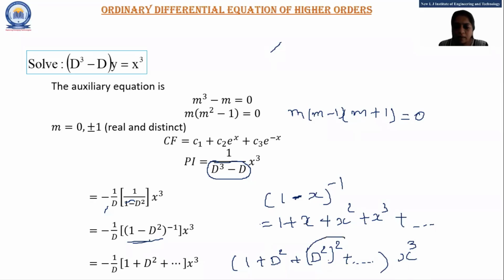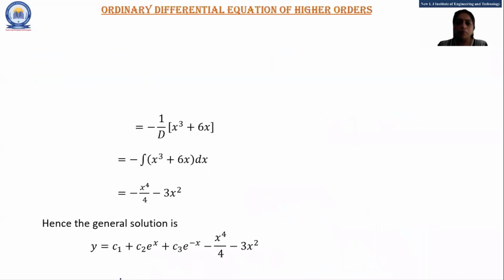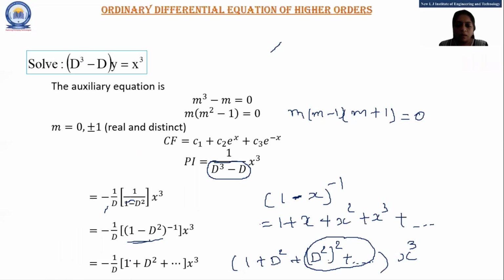That's why we neglect all these higher terms, and we just need 1 plus D square. Got it? Now, here, minus 1 upon D, this is 1 into x cube, that is x cube, and D square into x cube.